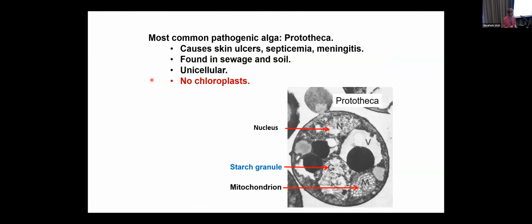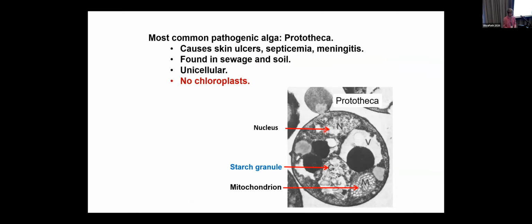There is one pathogenic alga, Prototheca, and it causes skin ulcers, septicemia, meningitis. So you will see it in tissue. It's usually found in sewage and soil. It's unicellular. It does not have chloroplasts. So if you see this thing, you would have to look for a starch granule.